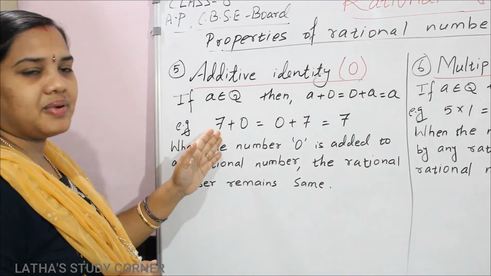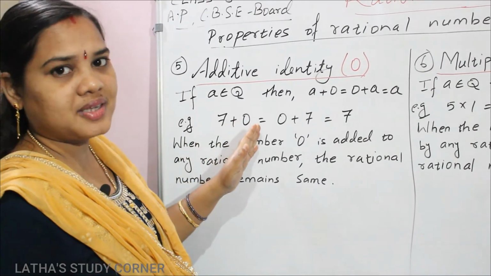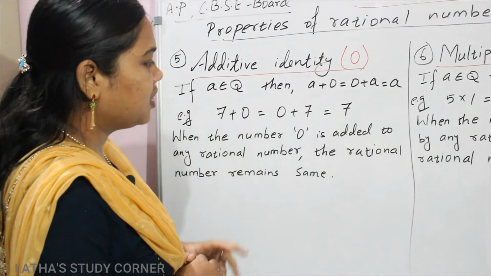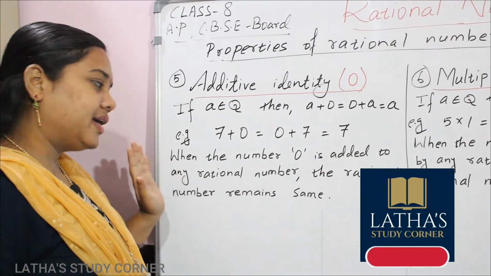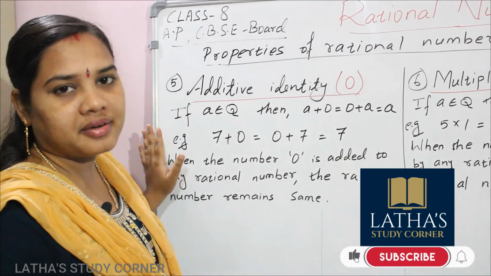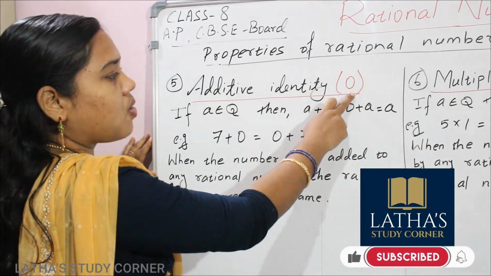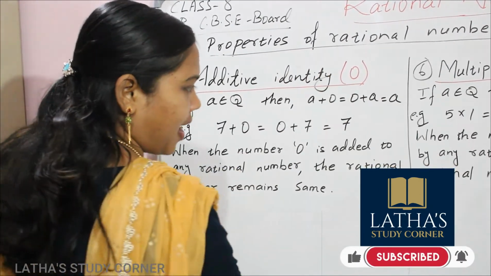Example, 7 plus 0 is equal to 0 plus 7 is equal to 7. So when the number 0 is added to any rational number, the rational number remains the same.